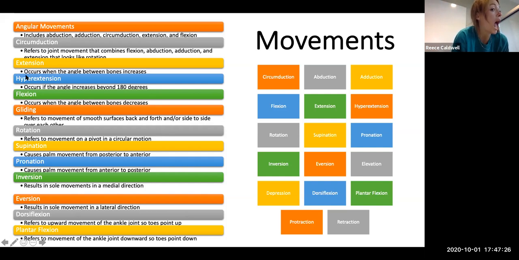When we're looking at protraction and retraction of the scapula, protraction is this, retraction is that. Same thing with the jaw. So that's looking at those two.